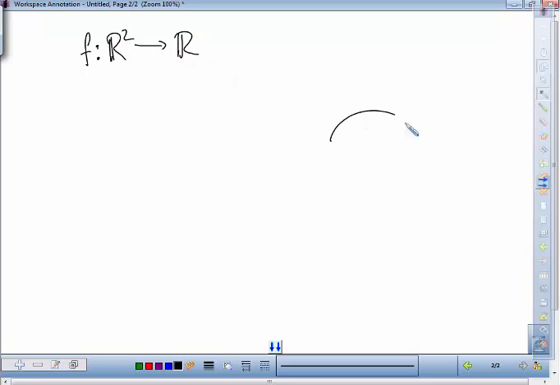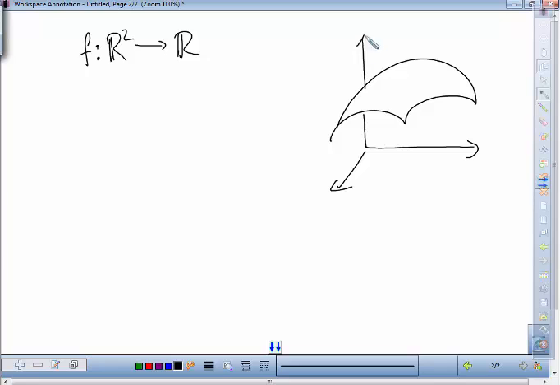We're going to start off with a function, and already we're in a big change here, because our domain isn't just a single line interval.